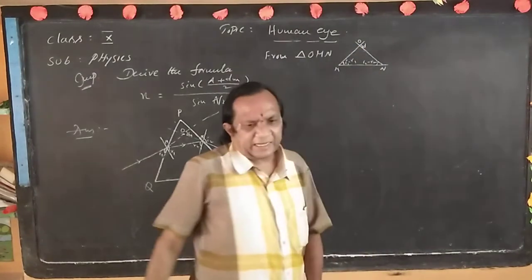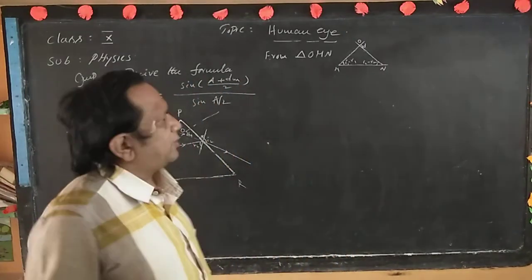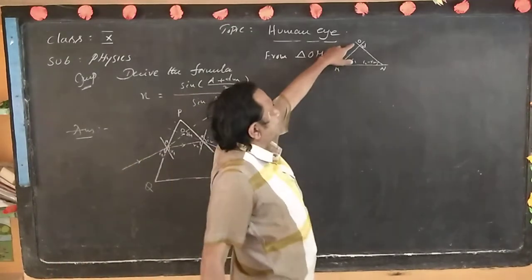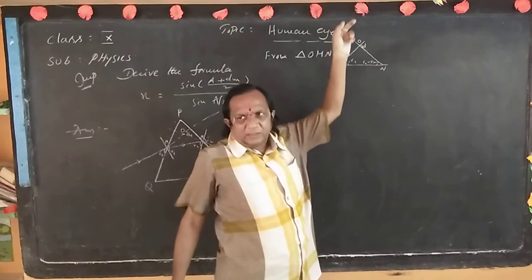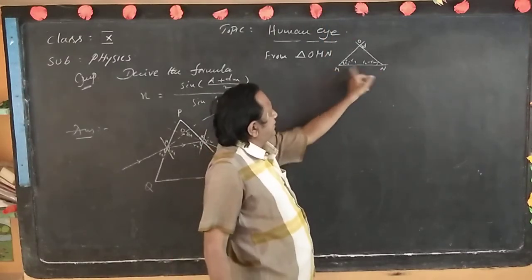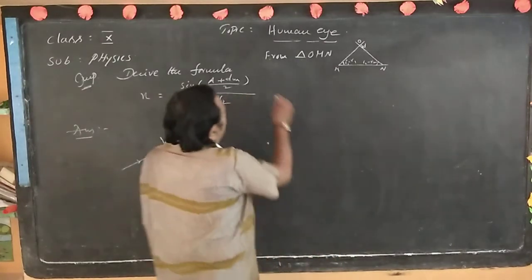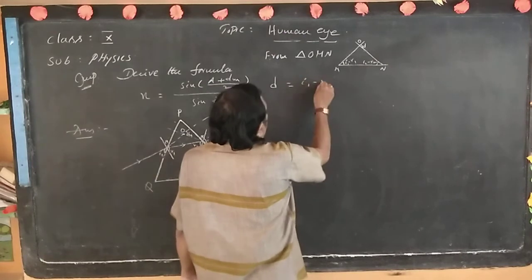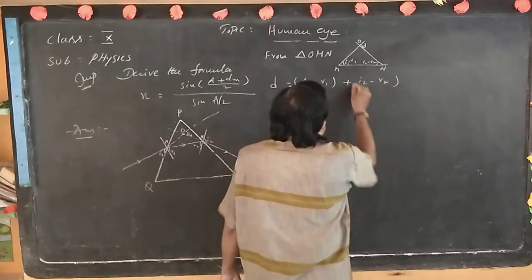From this triangle we can calculate the angle D. The sum of the three angles equals 180 degrees. Two angles are given and the third angle we calculate from this figure. So angle D is equal to I1 minus R1 plus I2 minus R2.